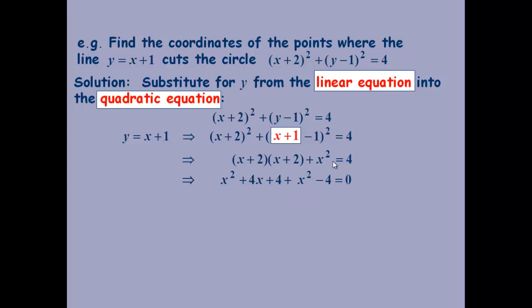And then if we subtract 4 from both sides, we get -4 on the left-hand side, and it leaves us with 0 on the right. Tidy this bit up. We get 2x squared plus 4x, as the 4 and -4 cancel.